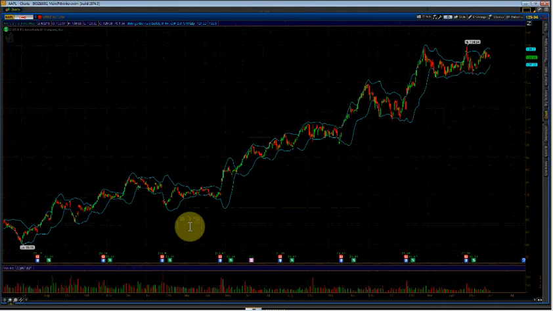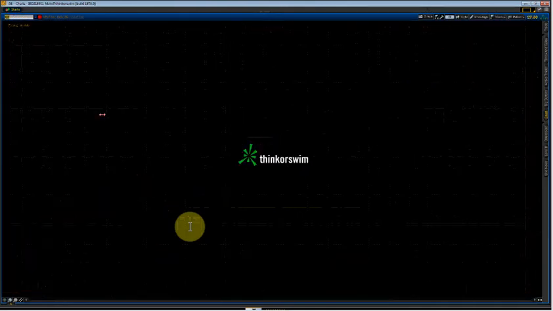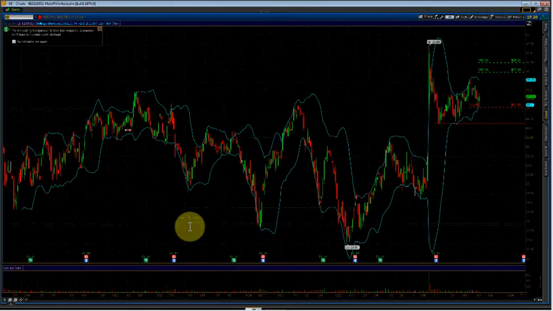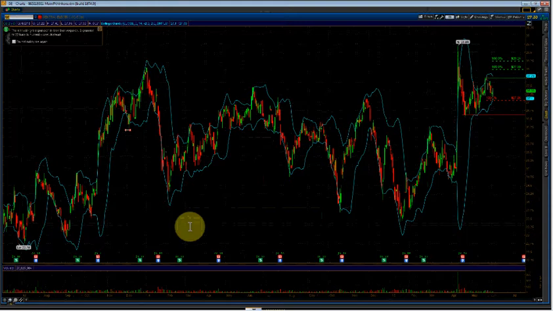But I could go to other charts. I shouldn't have gone to one that I knew it actually did the exact same way on. Trying to think of a chart that I know that I would never use Bollinger Bands on. I don't think Amazon is one.